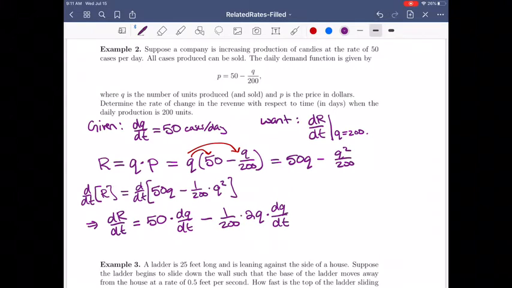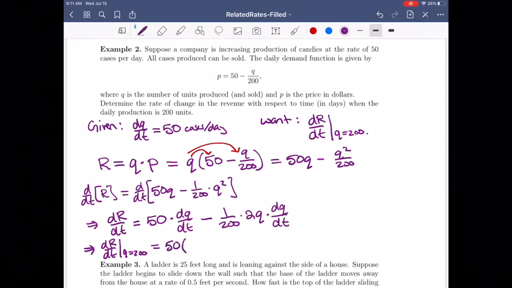And now I can evaluate. So dR dt, when Q is equal to 200, should be 50 times dQ dt, which is 50, minus 1 over 200 times 2 times 200, also times 50.